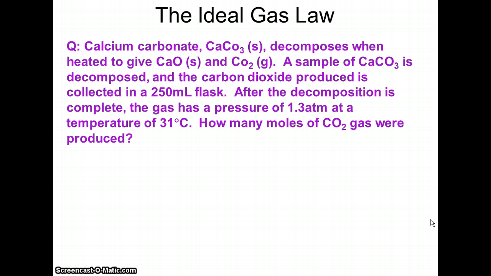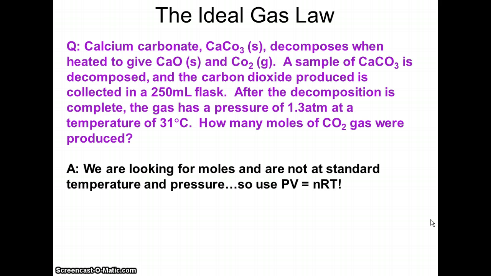So for example, the equation below says that I'm going to decompose calcium carbonate, and as I do this, I'm going to produce some CO2 gas, and I'm going to trap it in a 250 milliliter flask, and we know gases expand to fill their containers, so even if it's a little bit of gas, it's going to fill the 250 milliliter flask. And then after that decomposition is complete, we measure the pressure with a probe to be 1.3 atmospheres, and we have a thermometer in there that tells us the temperature is 31 degrees Celsius. And we want to know how many moles of CO2 gas this represents.